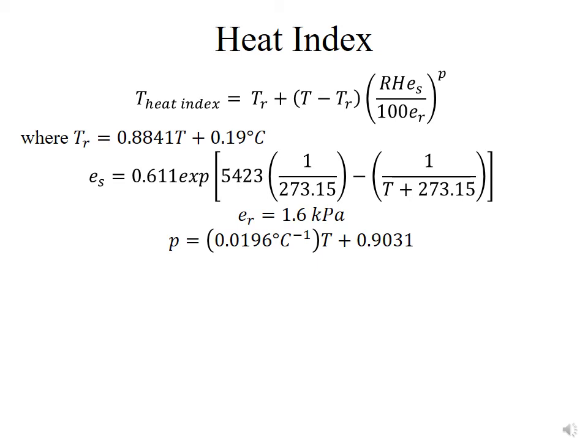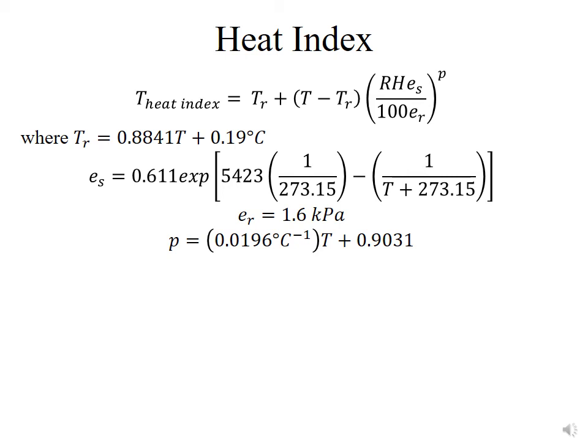What we're looking at here is that the saturation vapor pressure, E sub S, is a form of the Clausius-Clapeyron equation, which shows what the water vapor concentration is at saturation as a function of temperature. It's an exponential function. Then we have a relative humidity, which is on a scale between essentially 0 and 100.